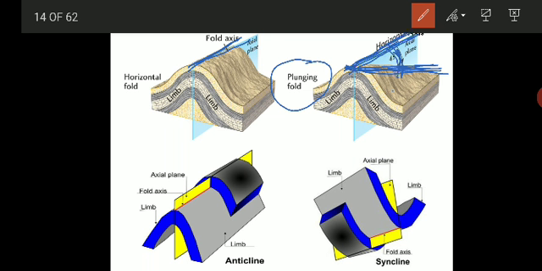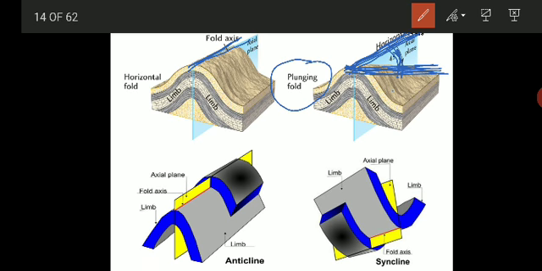The inclination of a fold axis with the horizontal plane is called the plunge angle or angle of plunge. So these are the different parts of the fold, which is again a very important question from the exam point of view. So here: limbs, fold axis, axial plane, then plunging fold, crest and trough. These are the different parts of the fold.